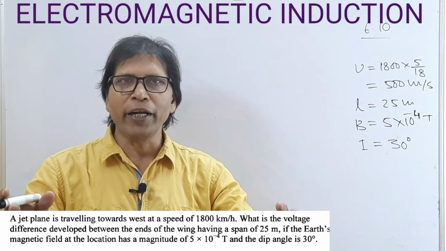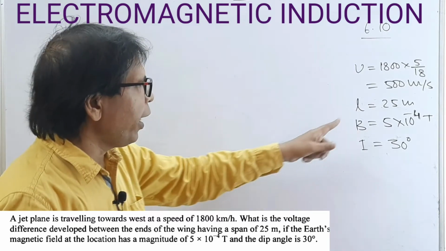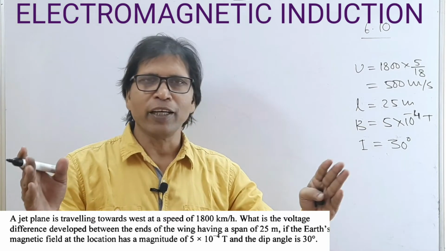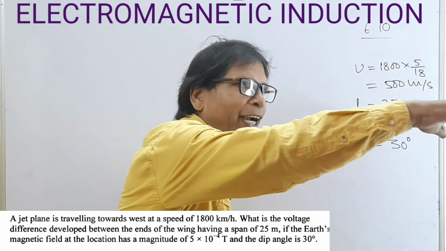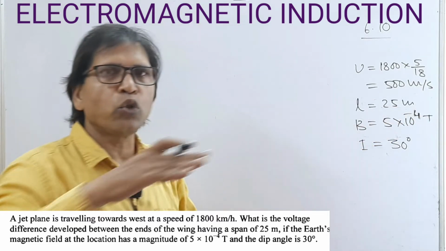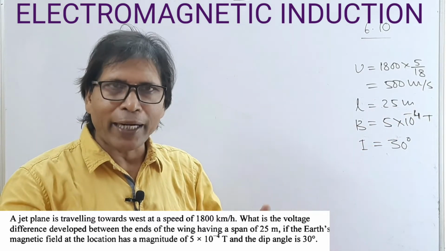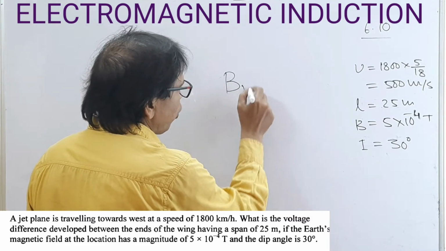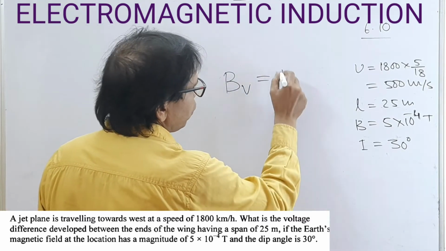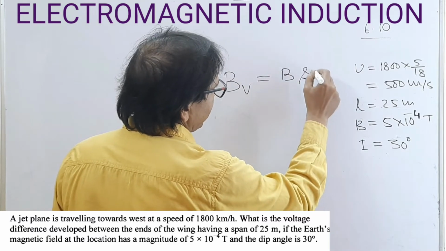We have to calculate the potential difference at the two ends of the wing. The jet plane is moving towards west, that is the horizontal direction, so it cuts the vertical component of the magnetic field, which is B sine I.